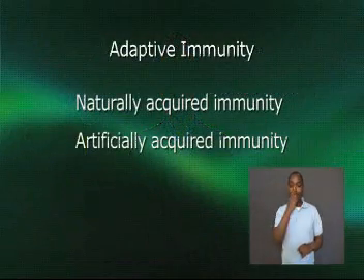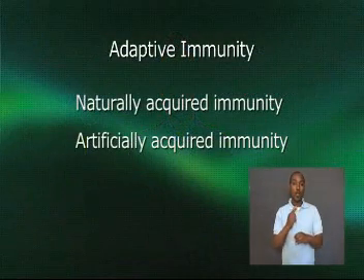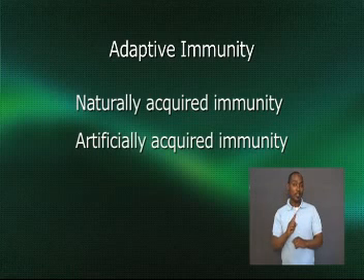There are two different kinds of immunity: innate and adaptive. Innate immunity is the natural resistance to a virus or bacteria that a person is born with. Adaptive immunity is divided into two parts.